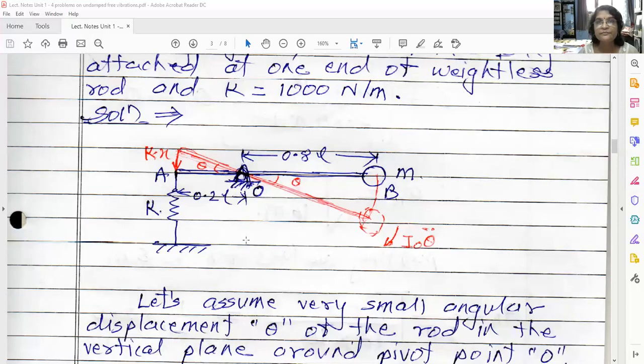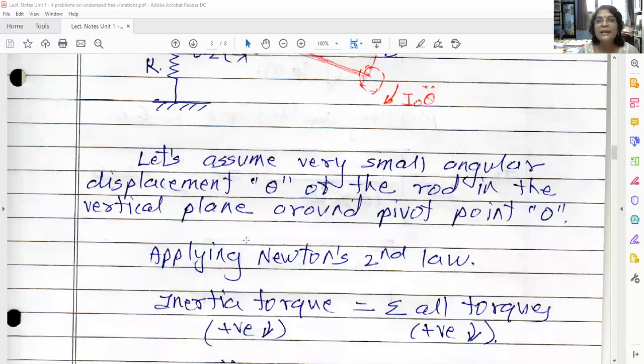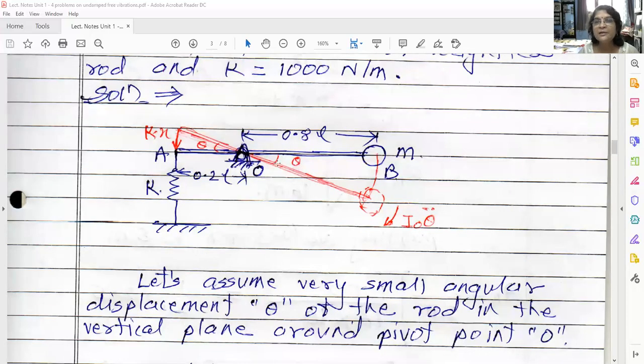So let us see, this is a problem on angular motion. Here two parameters we have to consider. The parameter theta, by which this rod will rotate, and the other parameter of the spring, that means the spring will be deflected by amount x, and there is a certain relation between x and theta.